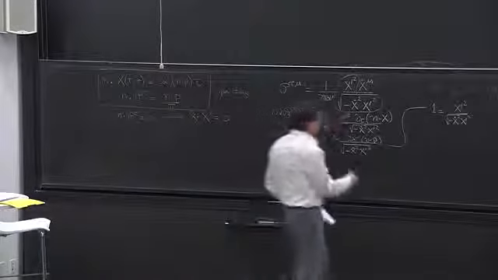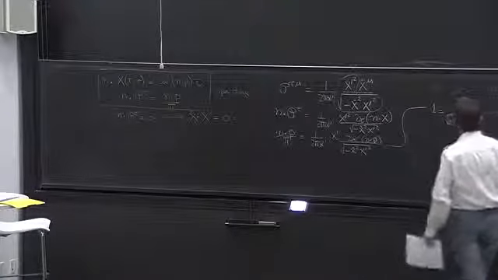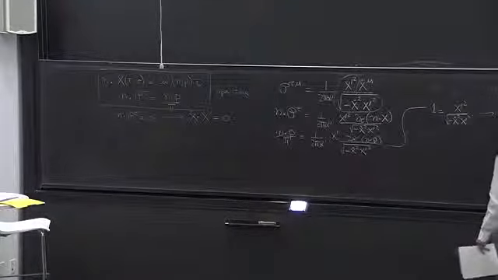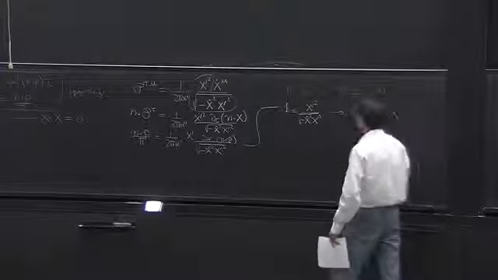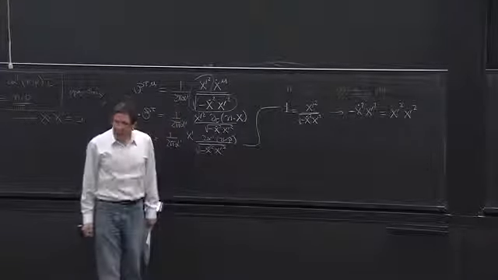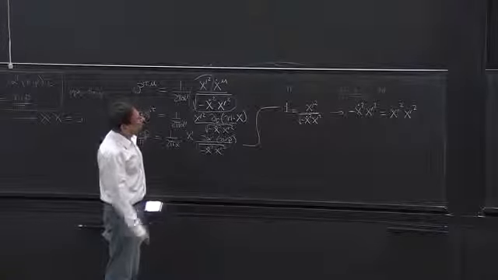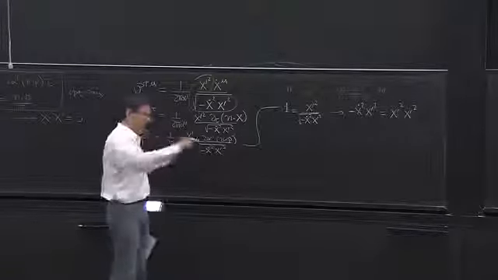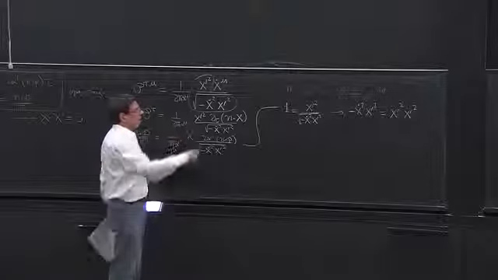But let's unpack this by squaring it. So you get minus x dot squared x prime squared is equal to x prime squared x prime squared. X prime is non-zero because it's a space-like derivative on the string.